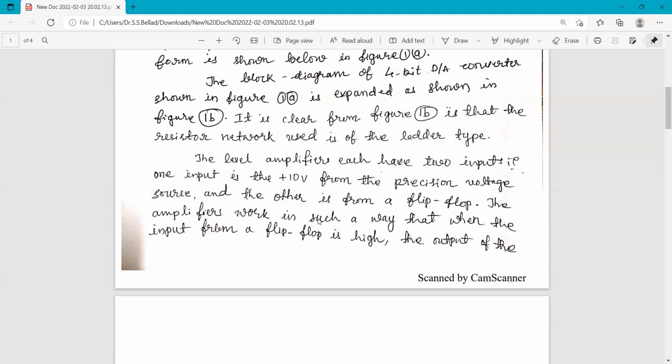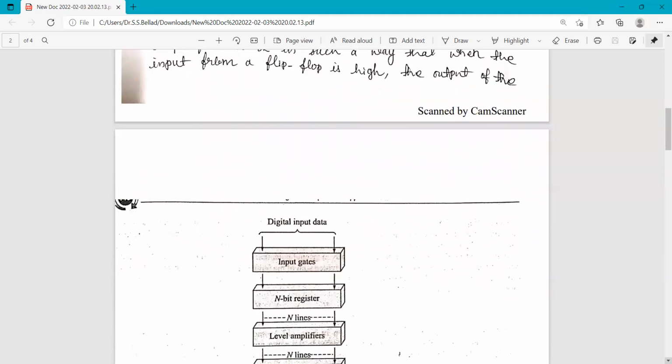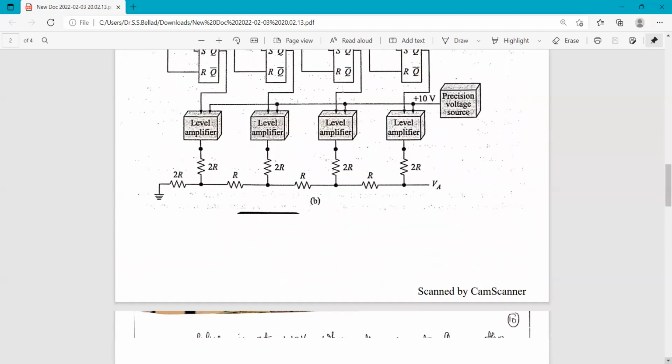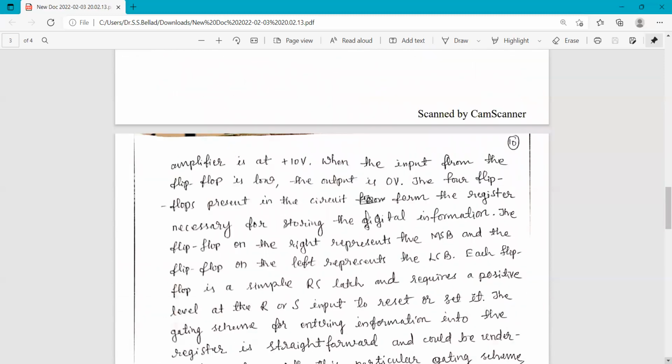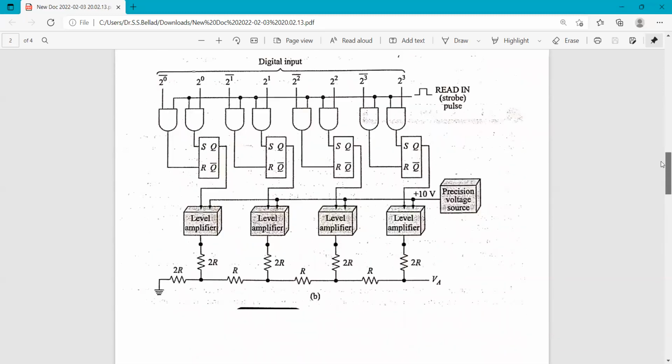The amplifiers work in such a way that when the input from a flip-flop is high, the output of the amplifier is at 10 volt, and when the input from the flip-flop is low, the output is 0 volt. So here I will show you in the circuit.